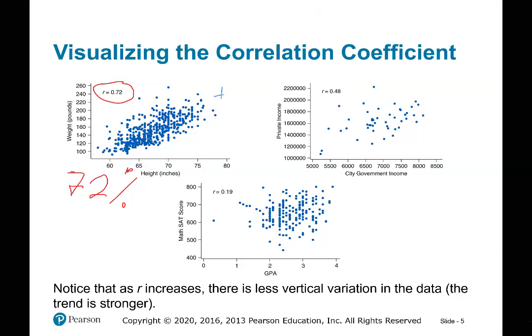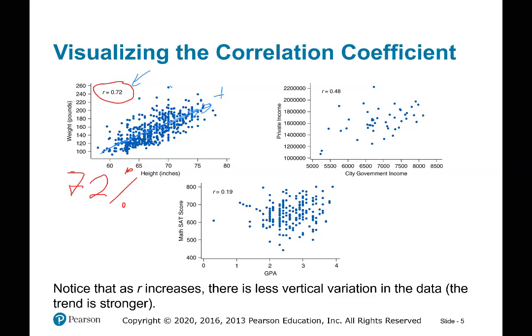And because the points are close to each other, even though they don't make exactly a line, I will say this should be some number close to 1. But here it also tells you that R equals 0.72, because some points are spread out far away from the model line.